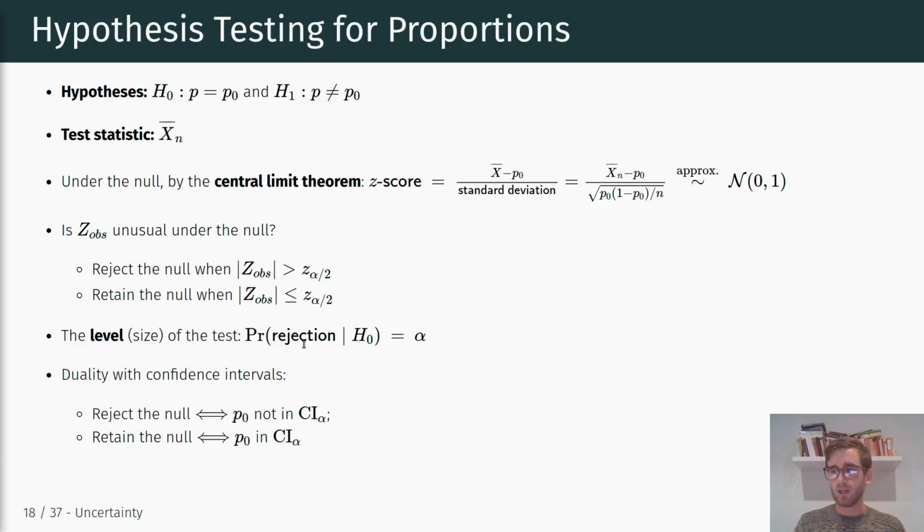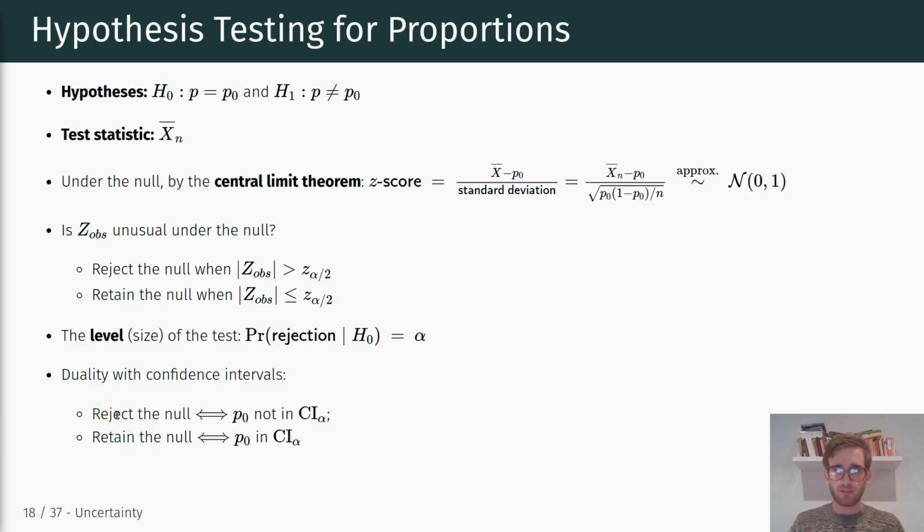Okay, and this is directly connected to the way we thought about confidence intervals, right? We already computed confidence intervals for specific critical values and for specific levels, like 95% confidence intervals or 90% confidence intervals, right?